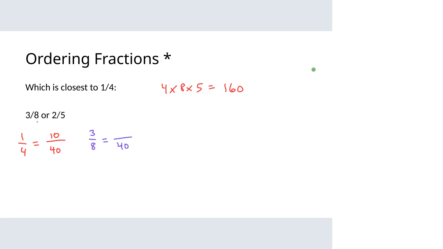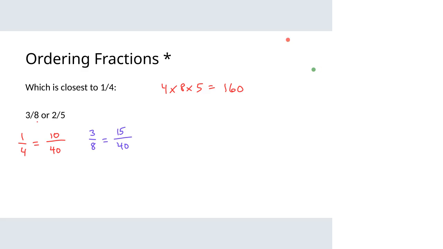Multiply by 5 on the bottom, multiply by 5 on the top. That'll be 15/40ths. So what we're saying, never forget the big picture here, is 15/40ths is equivalent to 3/8. But for this particular problem, it's more convenient for me to look at it as 15/40ths because I want to know how close it is to 10/40ths.